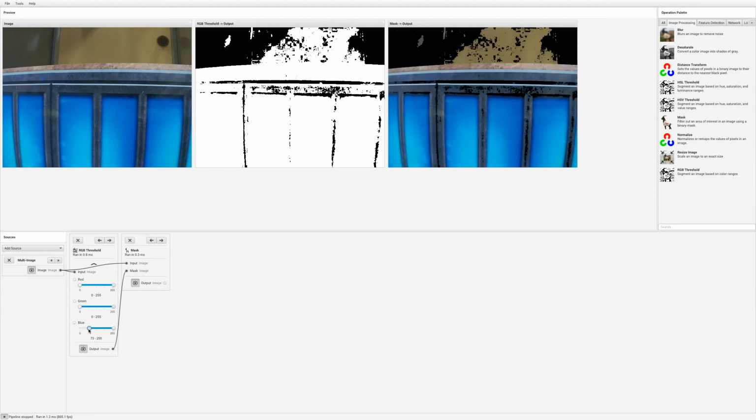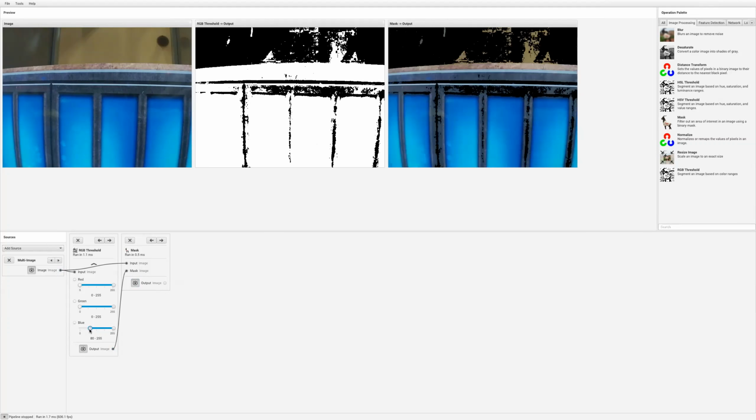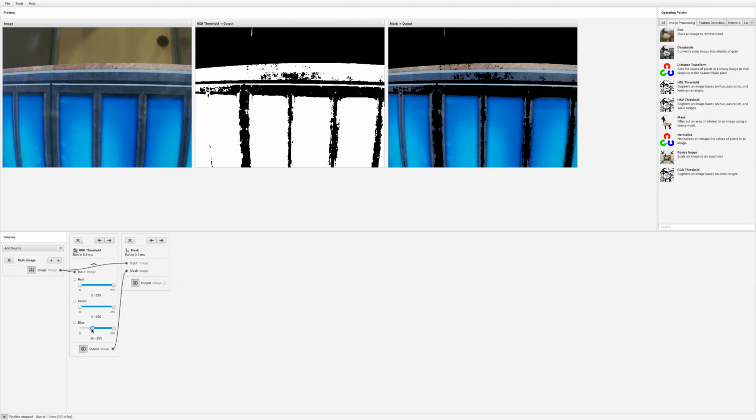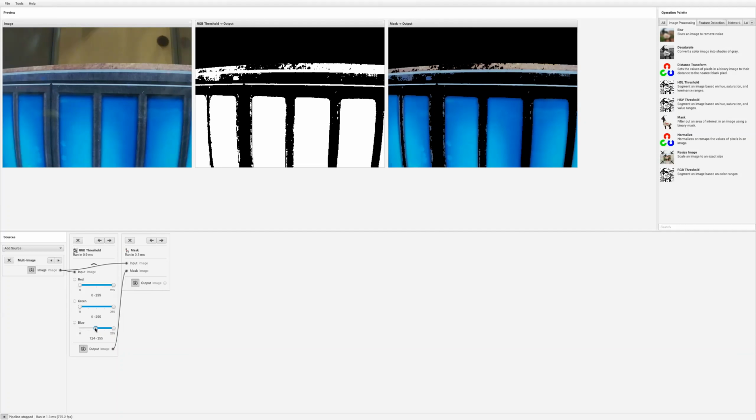And let's continue working this. Generally with these types of things, you create pipelines where you do multiple steps, and generally what you want to do is over-select things. So we keep moving this until we start removing a bit of our blue. And I think we're good about here. Because it's blue, we don't really want to change the high side of it. We're going to try to reduce the amount of green that we're seeing here, and we really can't do much.